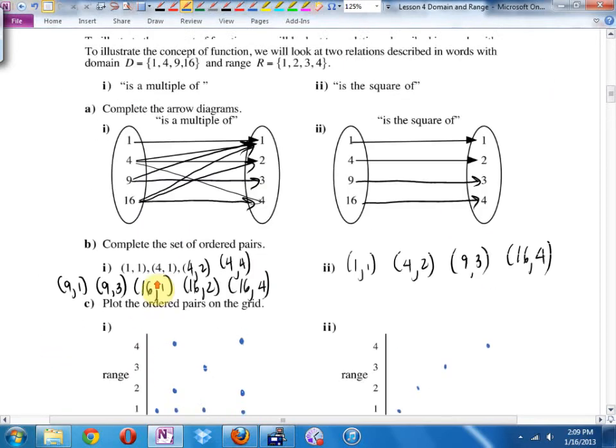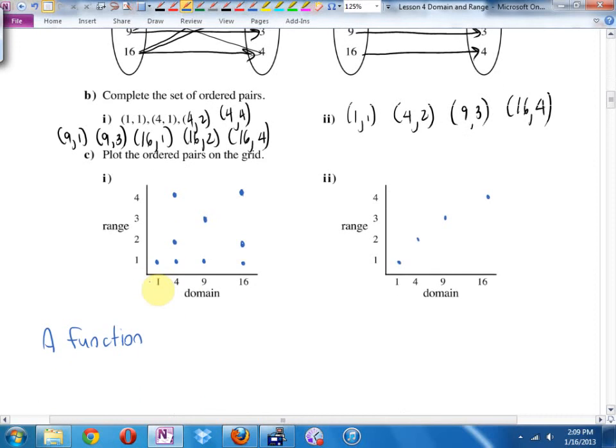Well, let's see. A function can only have one y value for any x value.